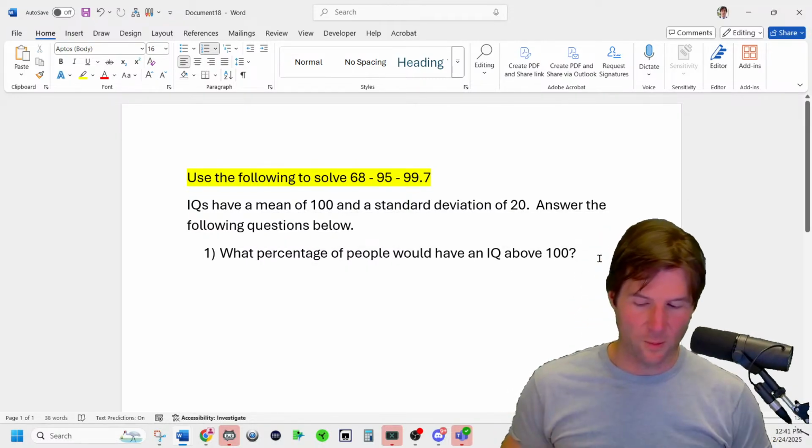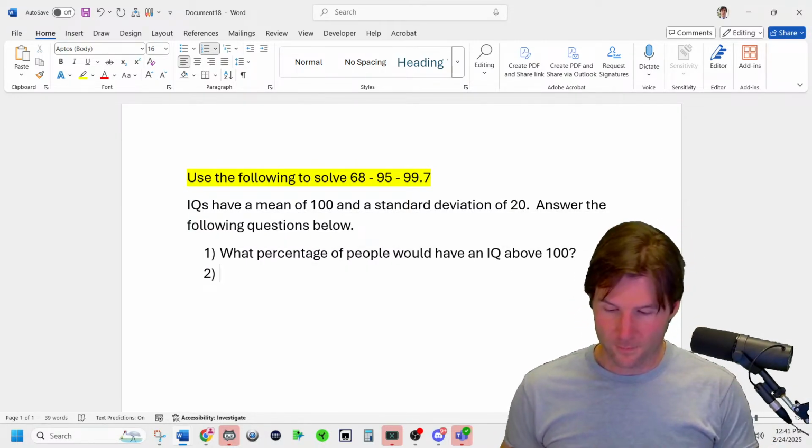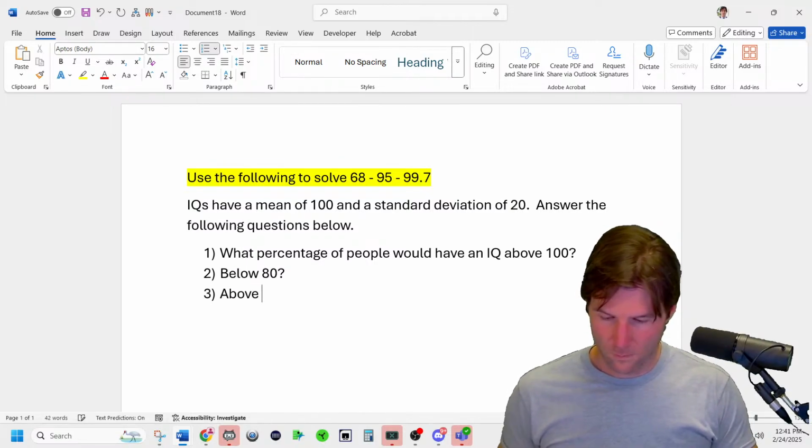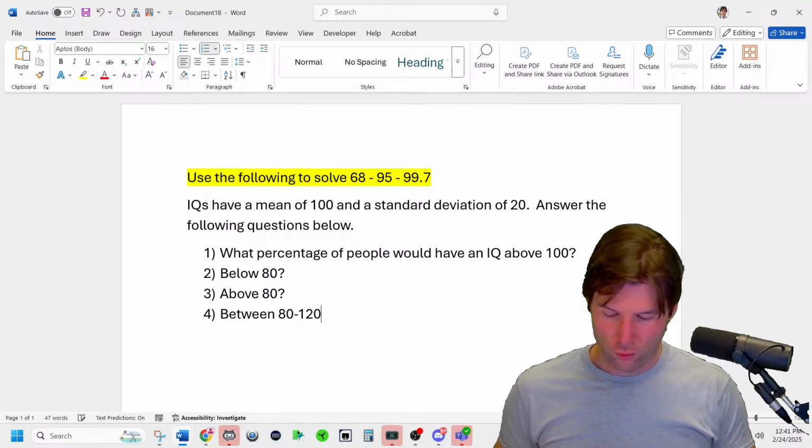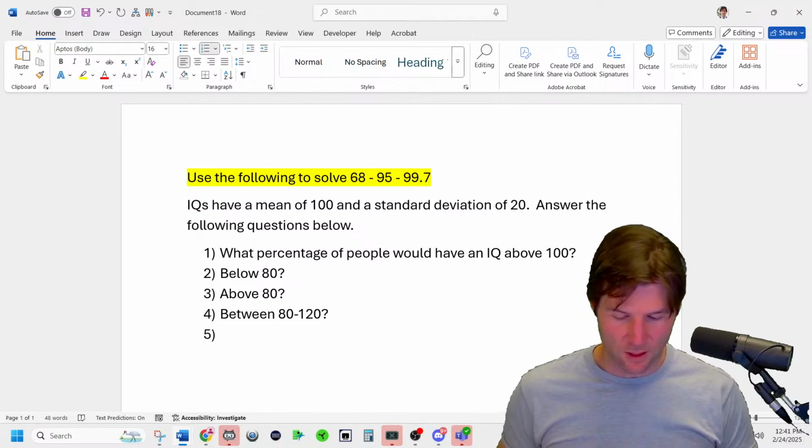We don't need to write the preamble to it. Some of these are easy. Like, those are easy ones.